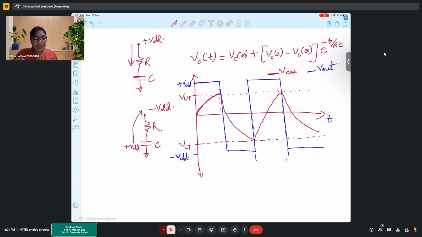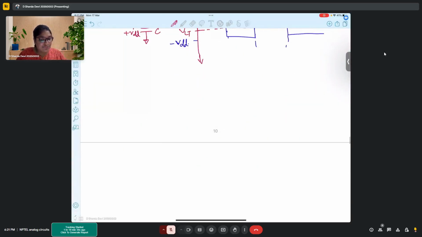For that we'll go through the derivations very quickly, and after that we'll go into conversion of one wave into another. So let's quickly go into the time period derivation. How to find the time period? This is what we are going to analyze.